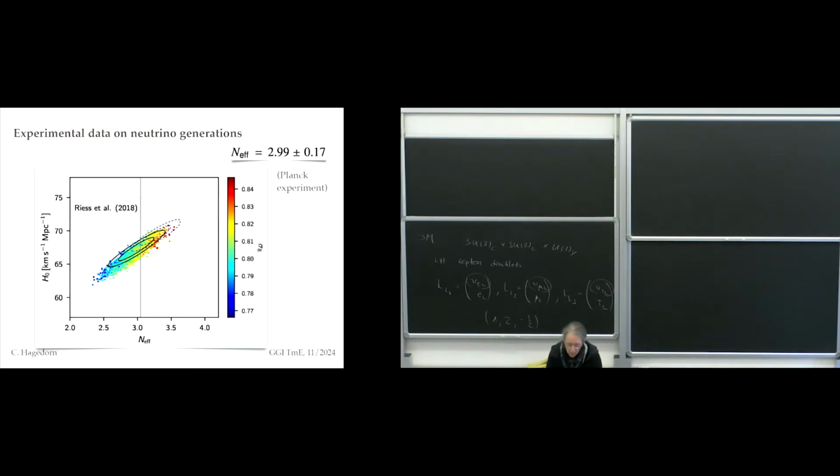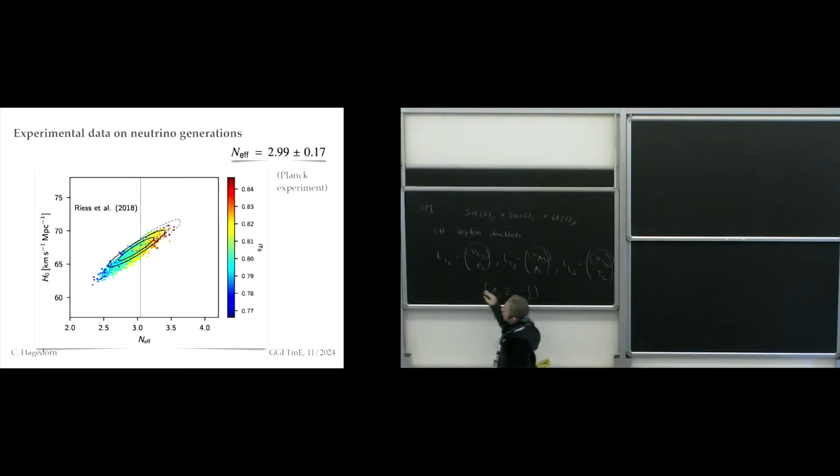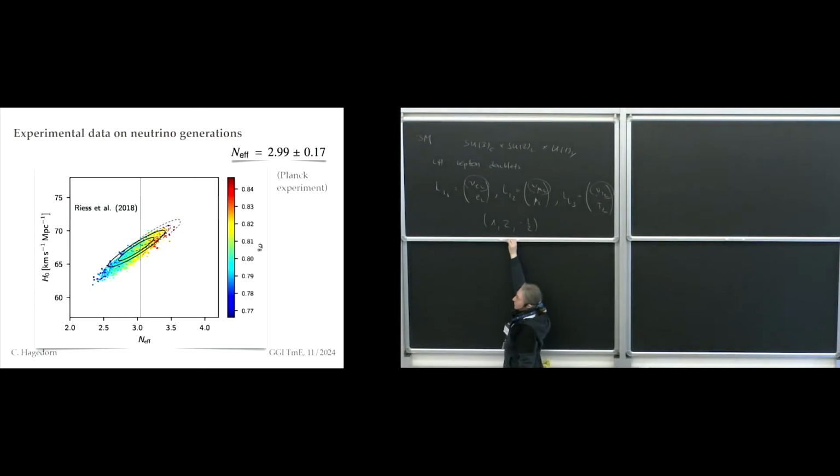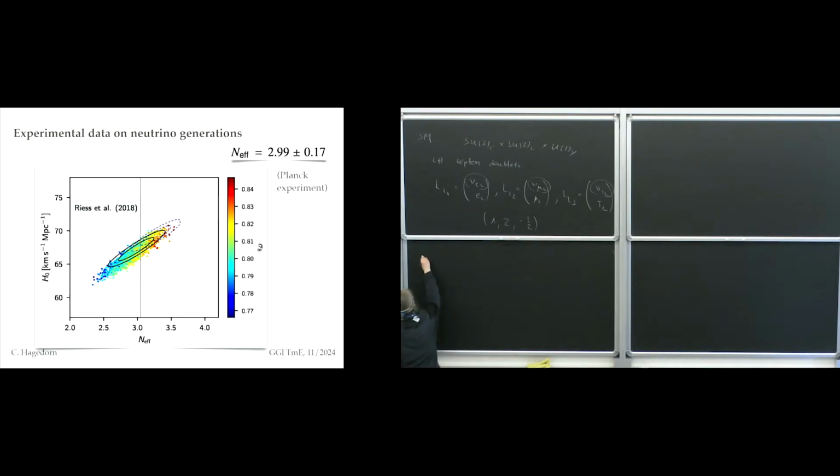The next thing you come across, and what everyone tells you, what I already wrote down, is that these are left-handed lepton doublets. Which means the neutrinos are left-handed. So what does it mean to be left-handed? To be left-handed means for a particle, at least, that left-handed neutrinos are negative chirality states.